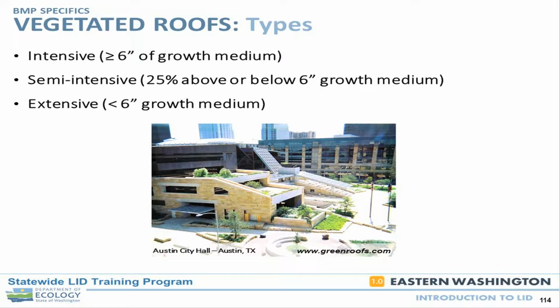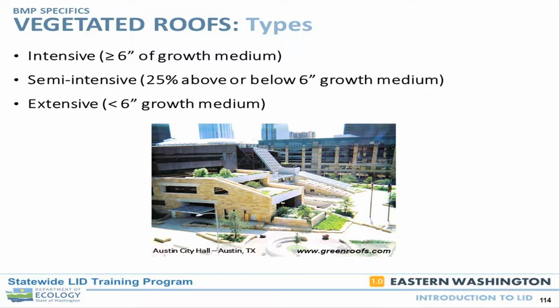Extensive roofs have less growth media, and the types of vegetation are things like sedums and ground covers. The structural support does not allow for human access to the roof, but it still has great visual benefits from the building for people using the building.